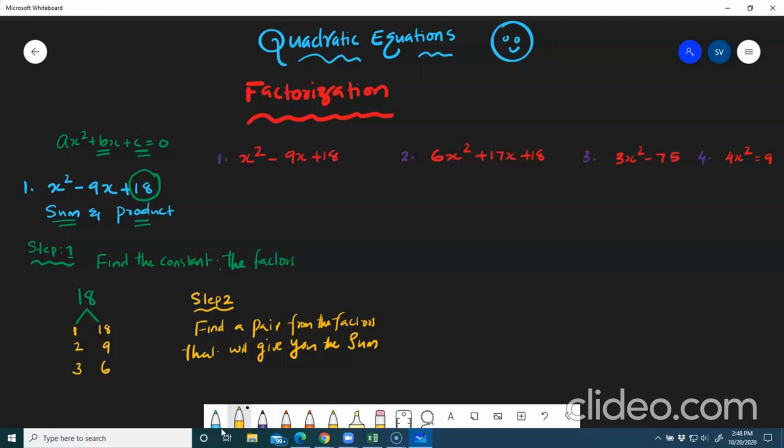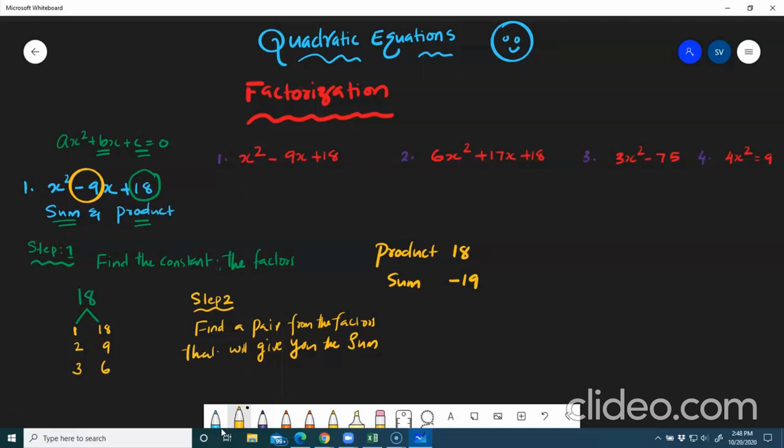Sum means the sum that I mentioned before, the coefficient of the first degree term. Here the sum is -9. So we need a pair of numbers from this set that can give the product 18 and sum -9.